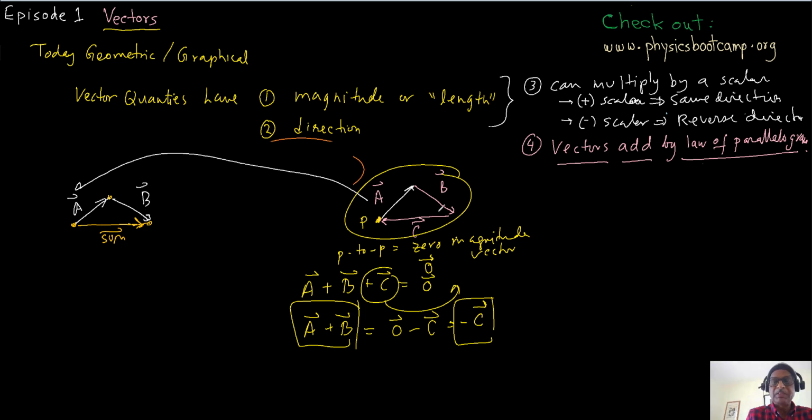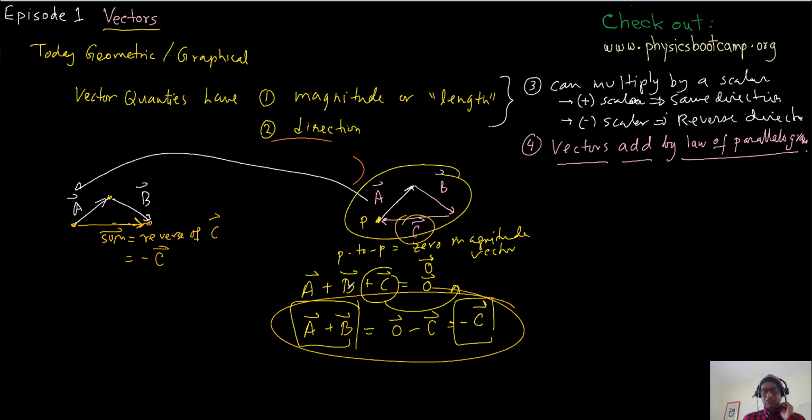Now you look at this vector and this vector, they're opposite of each other. So this is equal to the reverse of C, which is equal to minus C, which is what this gave us. So as long as you add vectors in a parallelogram, you are going to get the correct way to add the vectors.